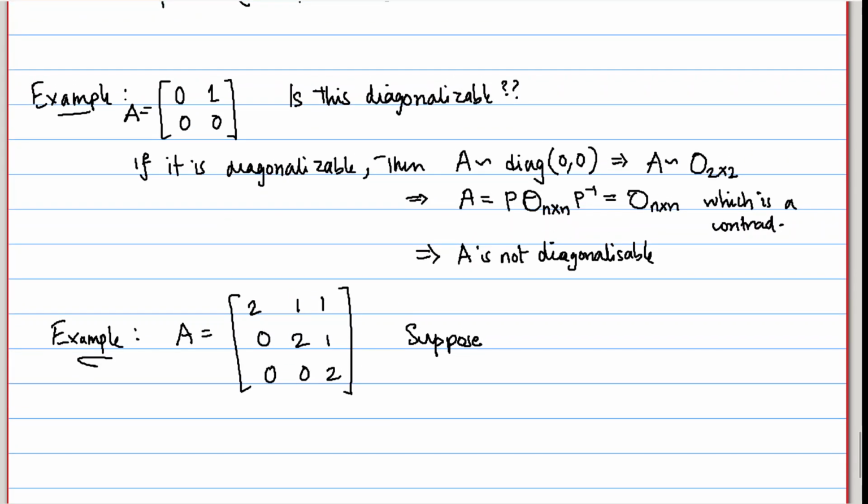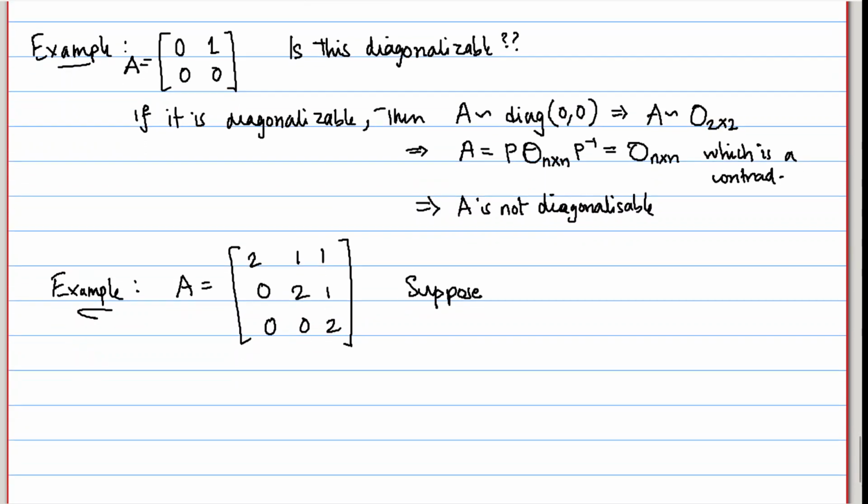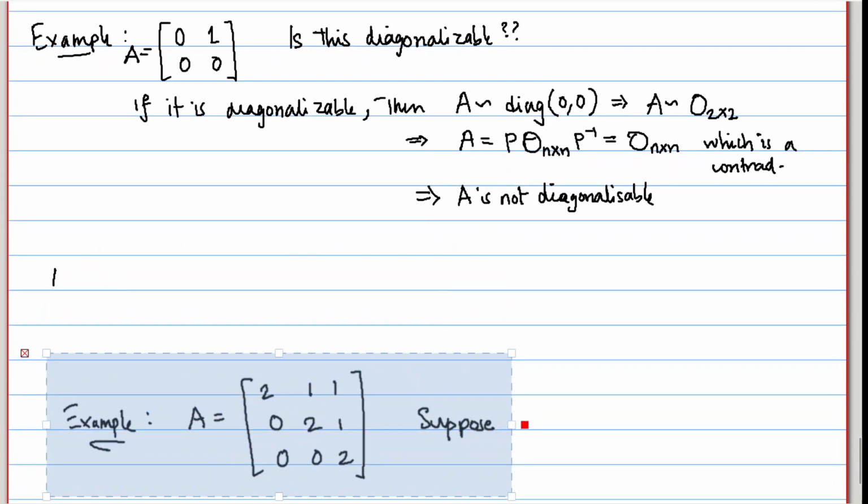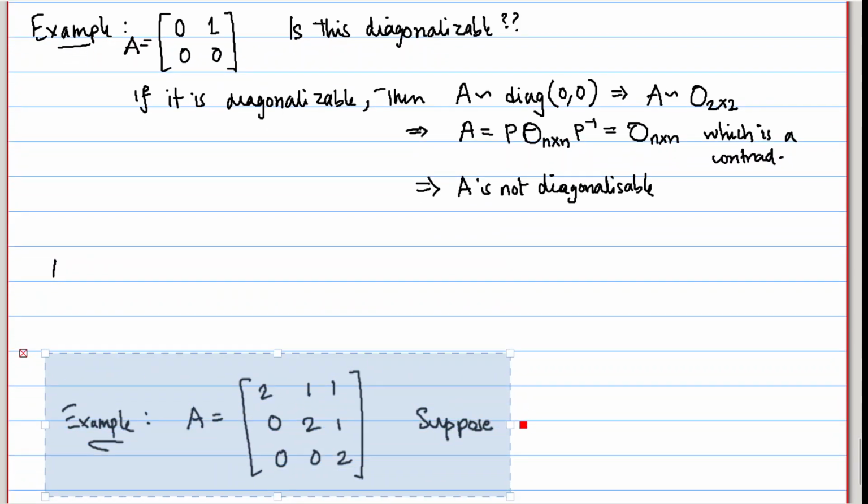Observe that the previous matrix was not diagonalizable because all eigenvalues were 0.